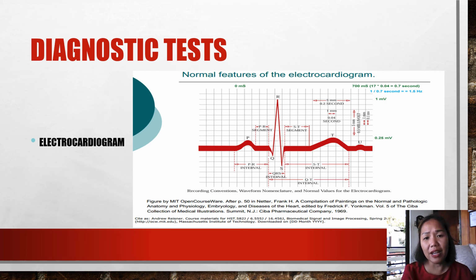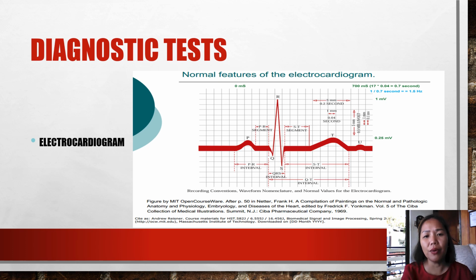This is the atrial depolarization. QRS complex, which is ventricular depolarization. T wave, which is ventricular repolarization. PR interval, which is the start of the atrial depolarization to the start of ventricular depolarization.